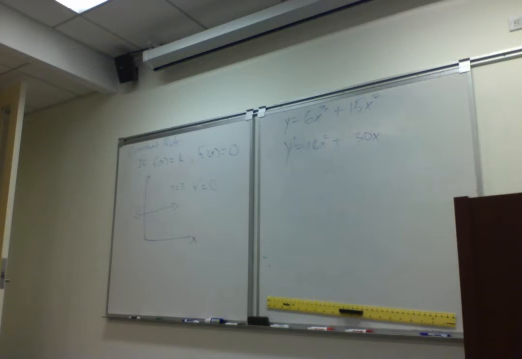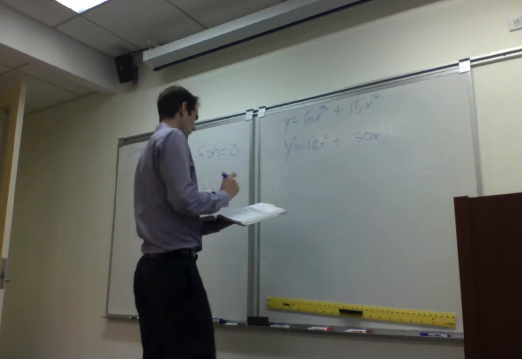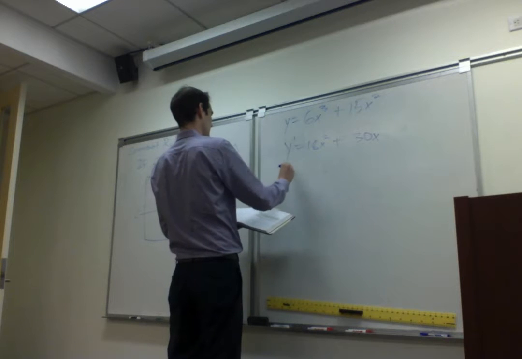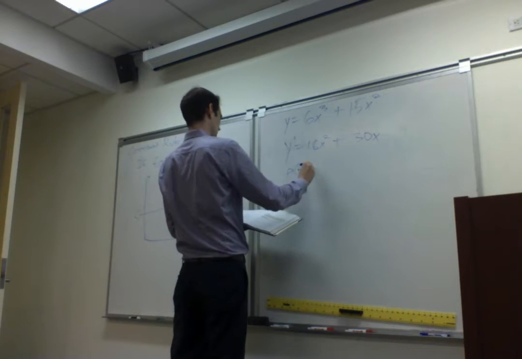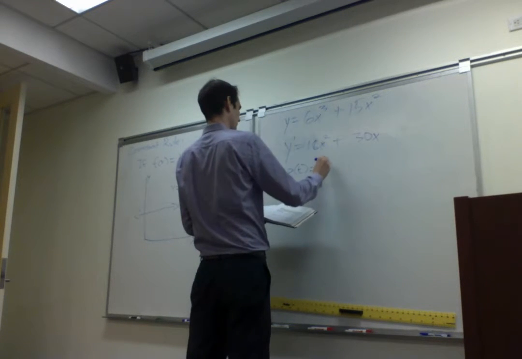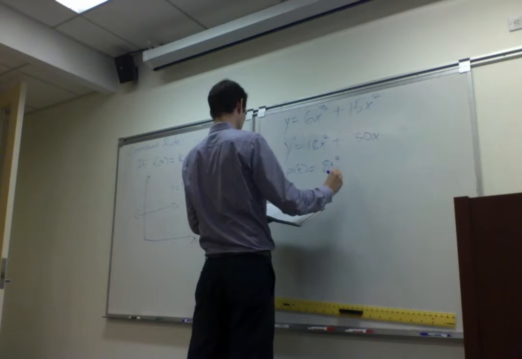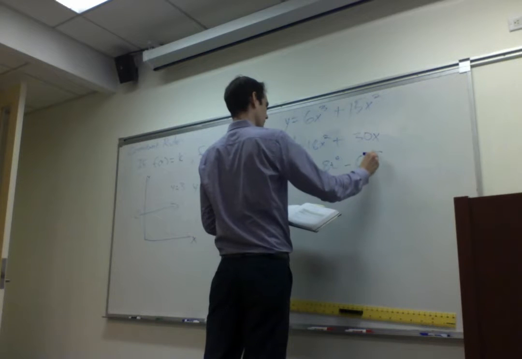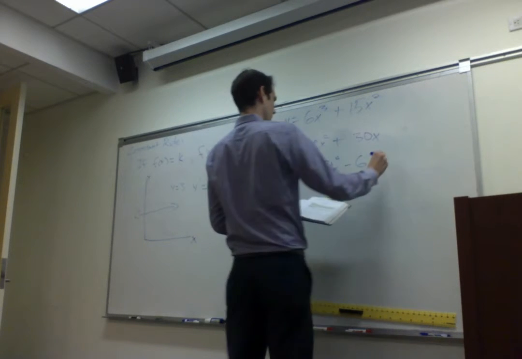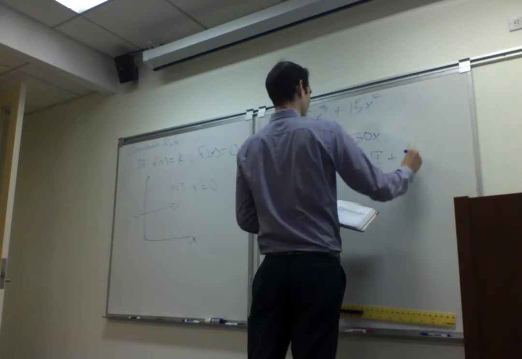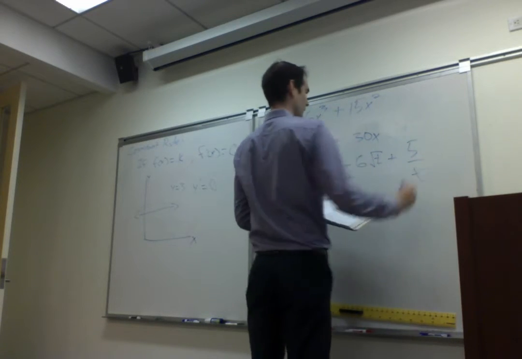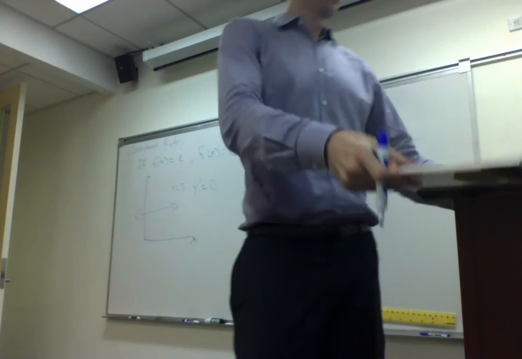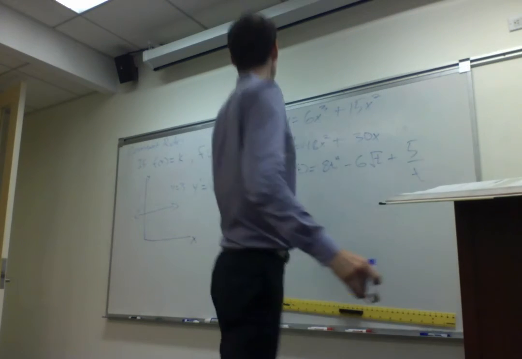Okay. Now we're going to start to get a little tricky. It's not that tricky, just a little tricky. All right. P of t equals 8 times t to the 4th minus 6 square root of t plus 5 over t.